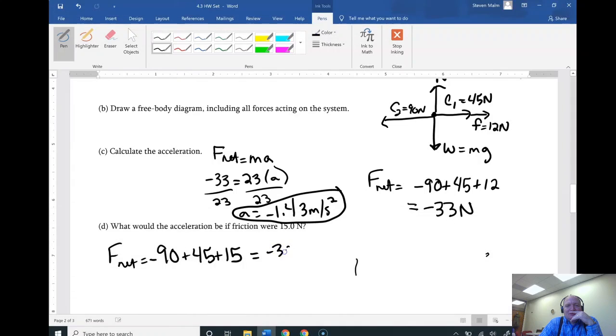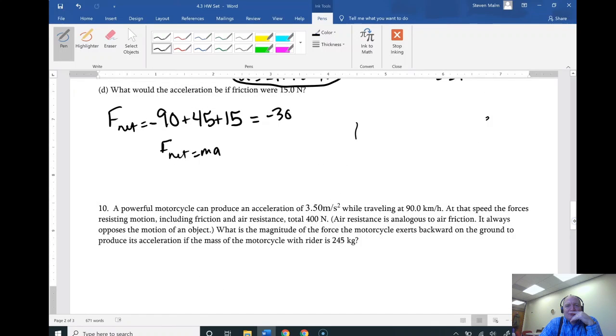Becomes negative 30. And we know that F net equals MA. So negative 30 equals the 23 kilograms still, because it doesn't say the system changes its mass or anything. Oh, I like that. It doesn't say the system changed.